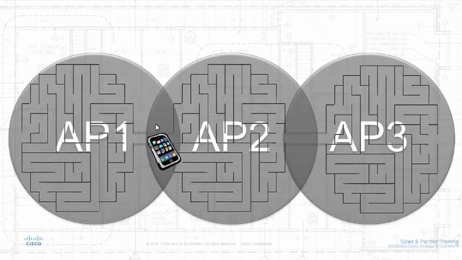Because it hasn't determined that it wants to roam yet. Now, even though I'm not necessarily close to AP1, I can still kind of hear it. And that's really the problem because I still haven't determined to roam yet. So as a result, I get just a single bar of connectivity. Let's show what that looks like, right? So now, as I move around and I get further away from the access point, I finally do roam.